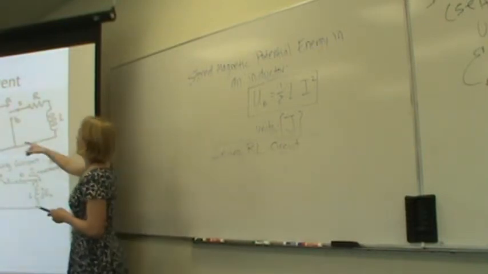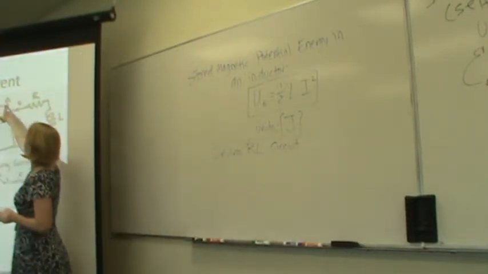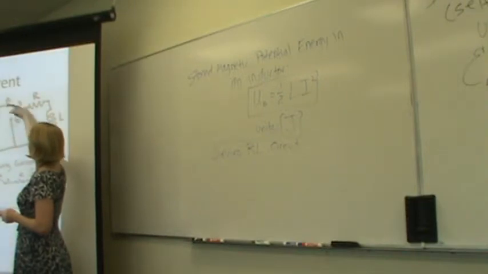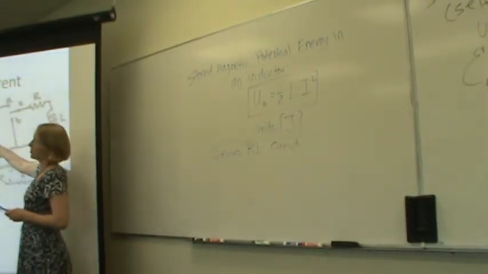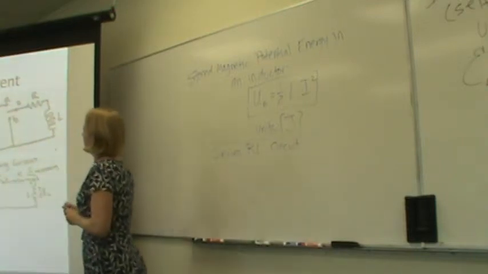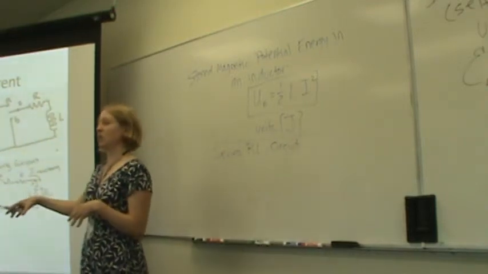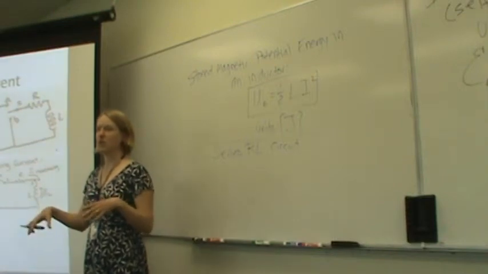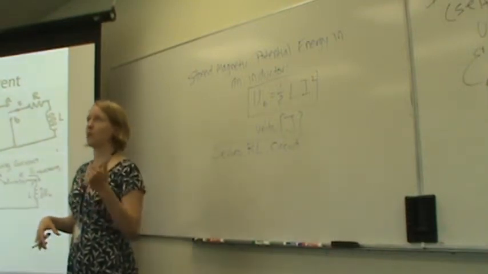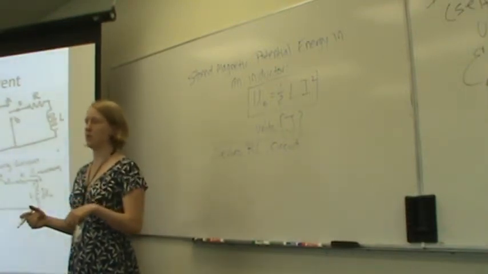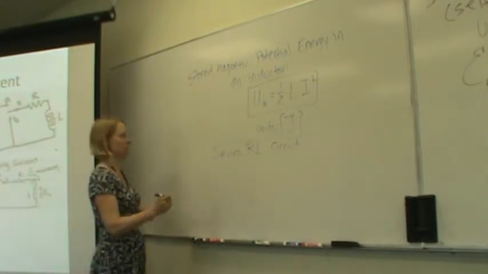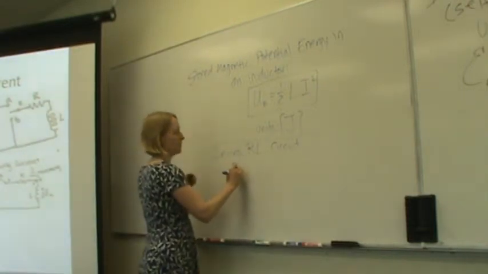And then we've got this funky switch here, positions A and B, and your switch can move between positions A and B. And then you've got some kind of battery voltage. So instead of charging and discharging, which is how we talked about the RC circuit, now we've got rising current and falling current. Those are the two states that you can have.